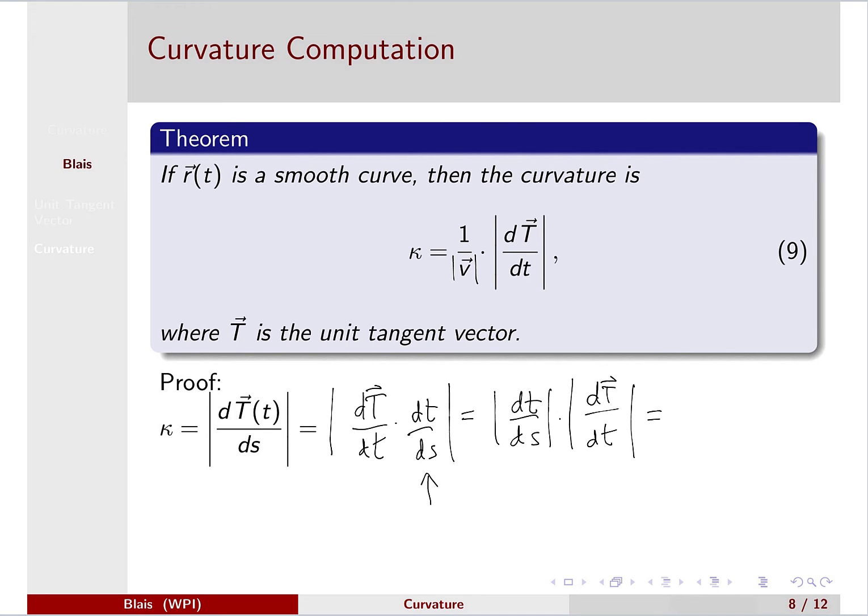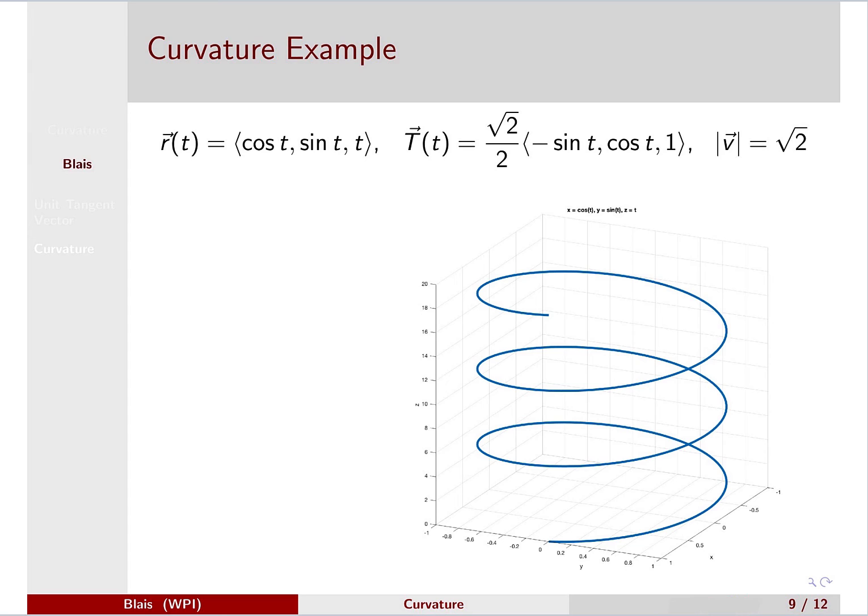And we argued in the previous slide that dt/ds was 1 over the magnitude of the velocity vector. And we still have this magnitude of the derivative of the unit tangent vector with respect to t, which is the result that we have here. And this is handy because you're typically given your r in terms of t rather than in terms of s. And so this gives us a way to compute curvature, which we can check in this example here.